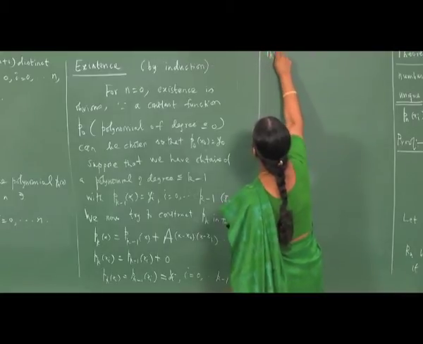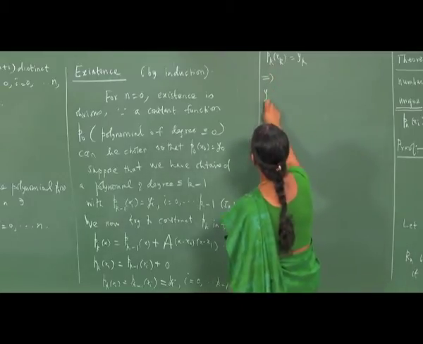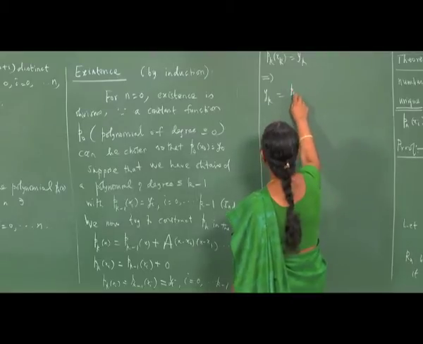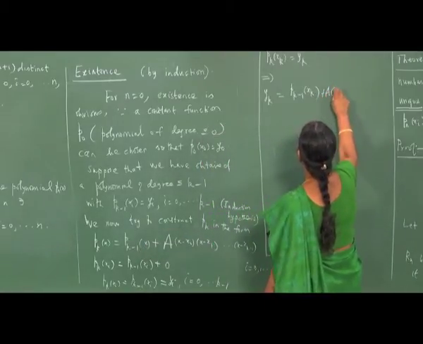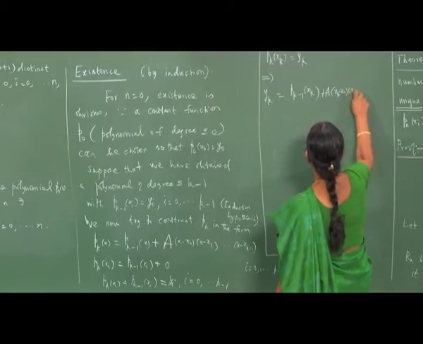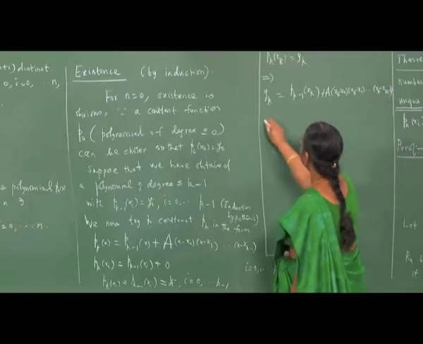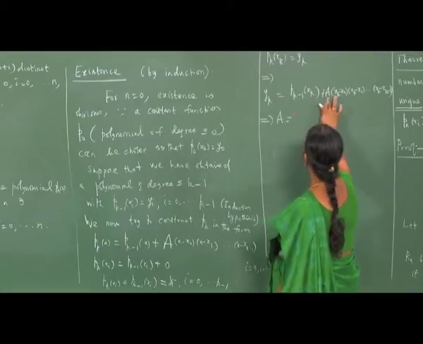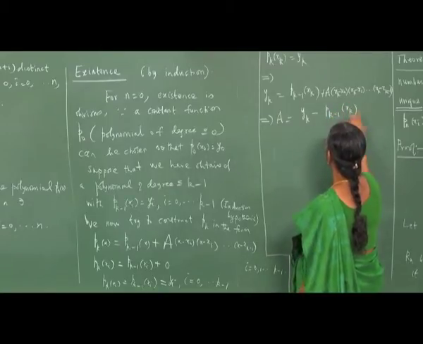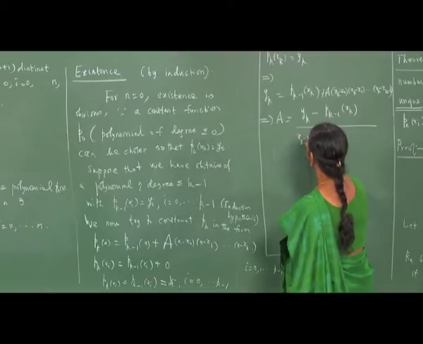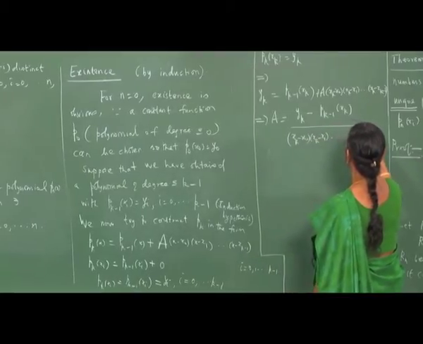So, pk of xk must be equal to yk, which implies that yk is equal to pk minus 1 of xk plus a times xk minus x naught, xk minus x1 and so on up to xk minus xk minus 1, which immediately tells you that a, the arbitrary constant, must be yk minus pk minus 1 at xk divided by xk minus x naught into xk minus x1, etc. up to xk minus xk minus 1.